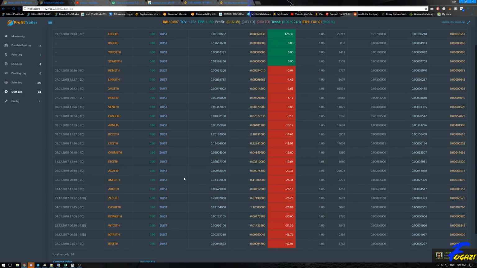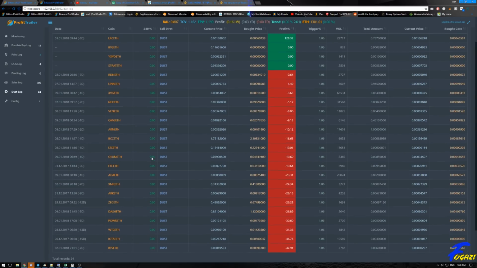So naturally, we ended up with a lot of dust. There's quite a bit of value in there. I think it's close to 5% of my balance, but whatever. They may eventually get picked up as the bot buys more. If the bot buys more of this coin, it'll sell it later. You never know.